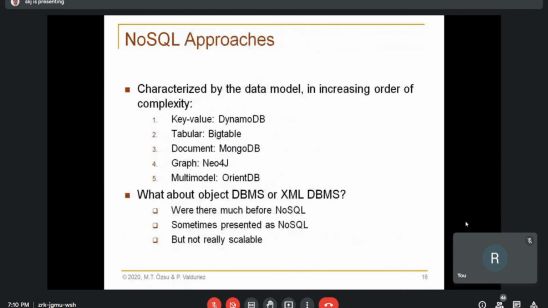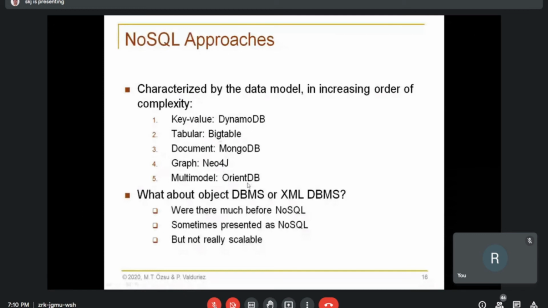Now, what are the approaches, or what are the categories? They are characterized by the data model in increasing order of complexity: key value, tabular, document, graph, and multimodal. So they are different categories, and in each category one name is also shown here.